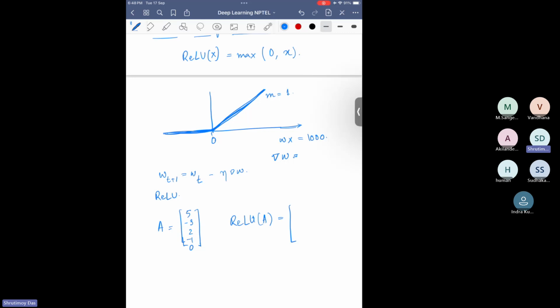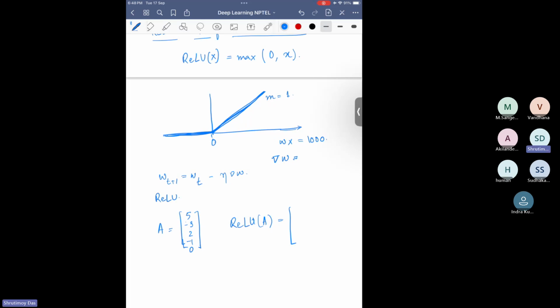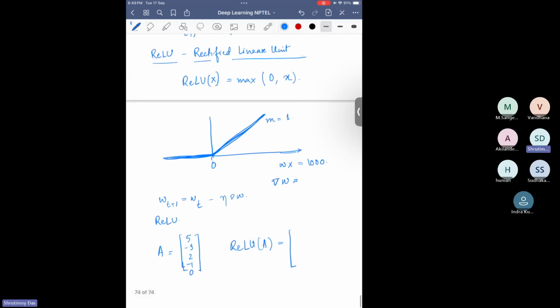Whenever I'm talking about activations, I'm talking about element wise. That means you apply that activation to each of these elements. So what will be ReLU of a in this case? Anyone?